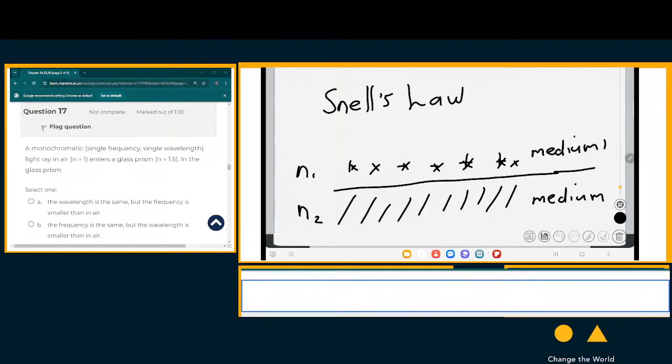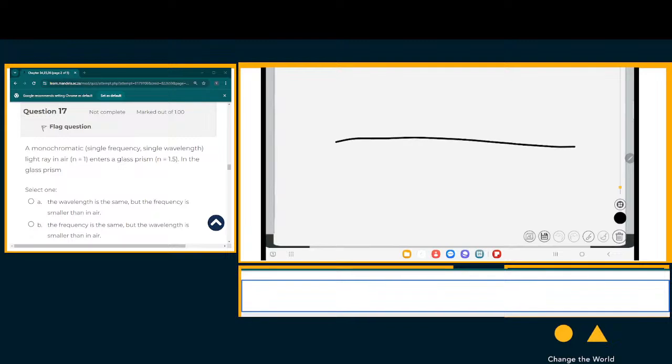Okay, now according to Snell's law, if you have these two media divided by a boundary, and one medium has a refractive index N1 and the other has a refractive index of N2, and a light ray passes from one medium into another medium, Snell's law predicts how it will behave.